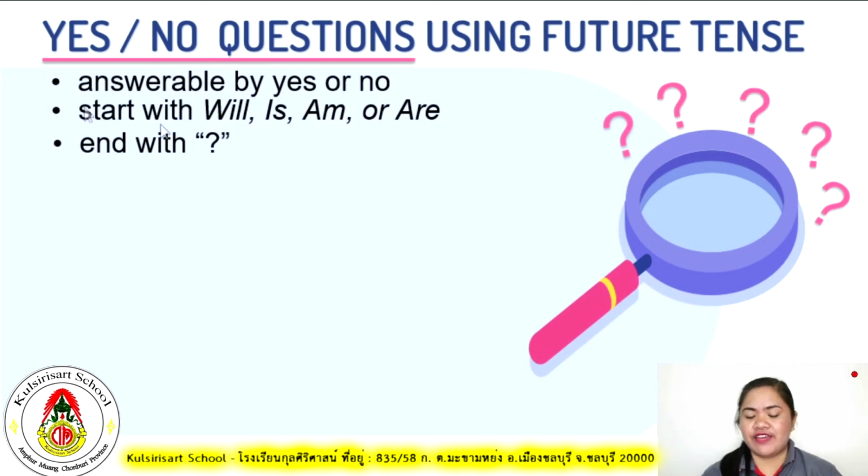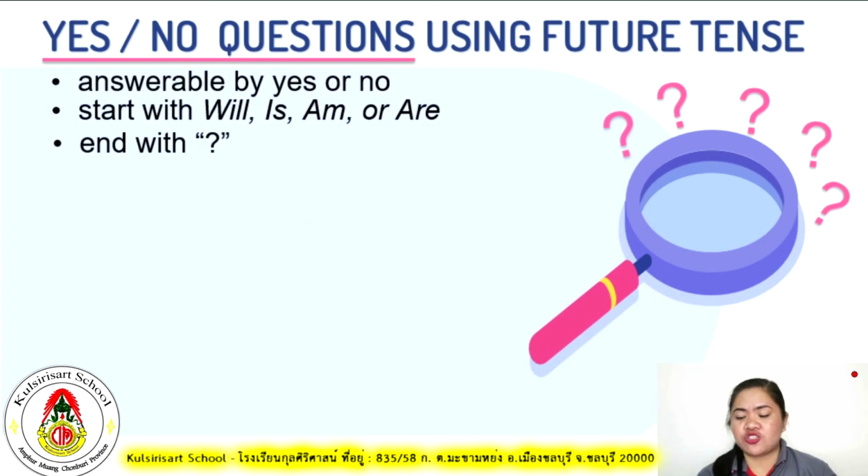Now, we'll have here another definition. Yes or no questions start with will, is, am, or are. Or it starts with will or the be verb. Next, they end with what punctuation? Since it is a question, it should end with the punctuation question mark.